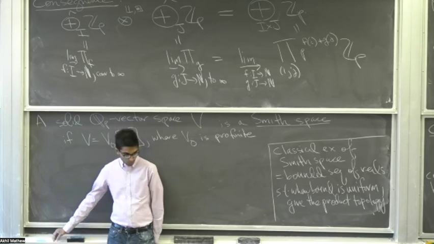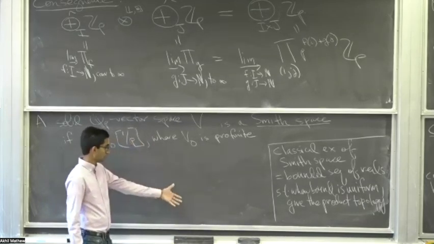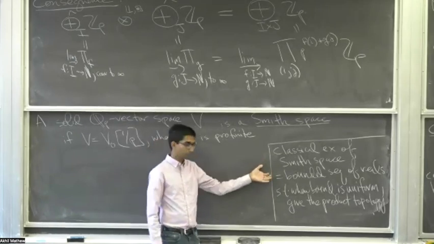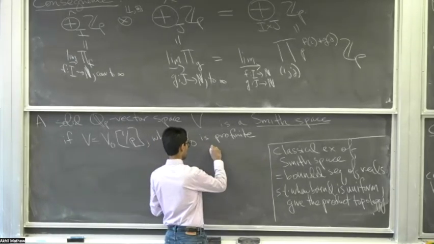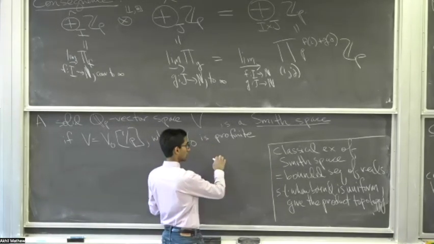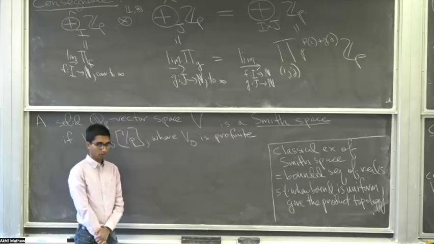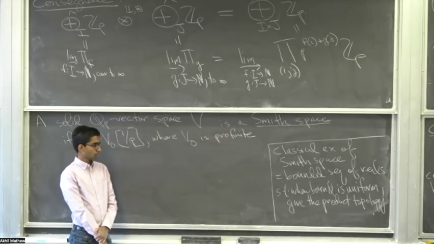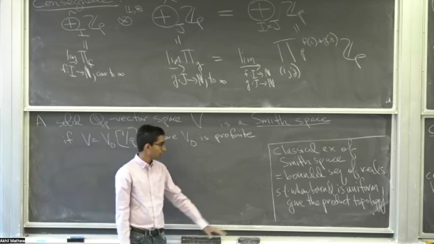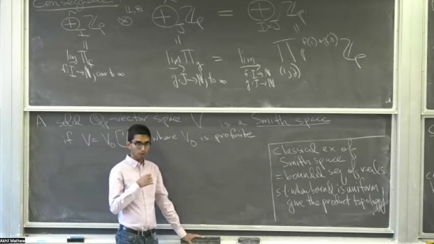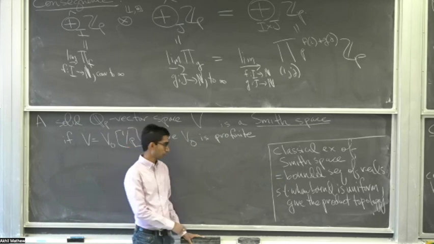So as far as I understand, Smith proved that there's an anti-equivalence between Banach spaces and Smith spaces. And did he work in the Archimedean setting? Yes, so there are some references to this in the notes by Scholze on analytic geometry.